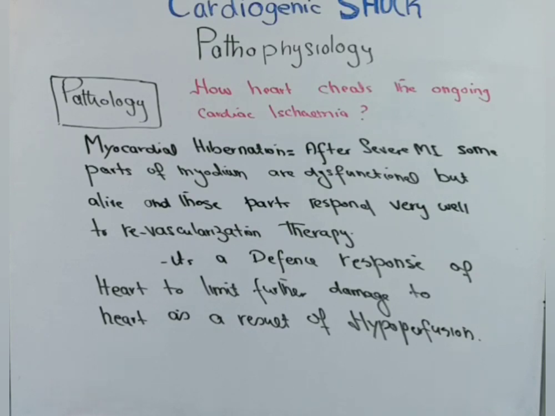So if you do the ejection fraction calculation or an echocardiogram right after the MI, there may be a decreased ejection fraction, but if you do the same echocardiogram after the patient has undergone revascularization therapy, after a week or so, you will be surprised that the ejection fraction has improved. Why does it happen so? Because of the role of myocardial hibernation in limiting the damage to the heart as a result of severe cardiac ischemia.